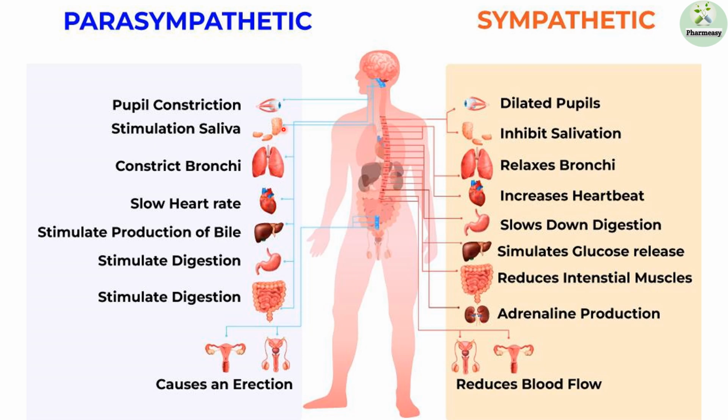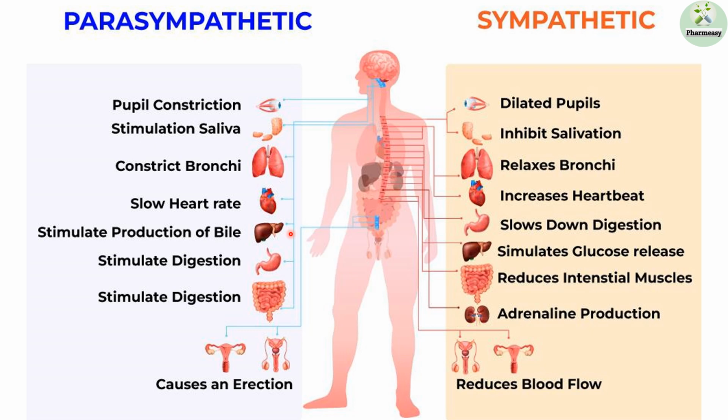It stimulates saliva secretion, and it will inhibit the secretion of saliva. Constriction of bronchi, but here relaxation of bronchi as the breathing rate increases. In this, heart rate will be slow or normal. In this, heart rate will be increased.